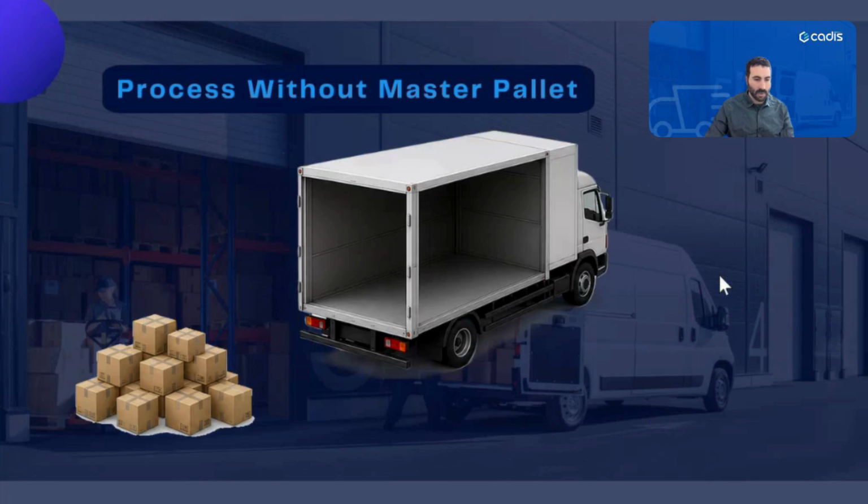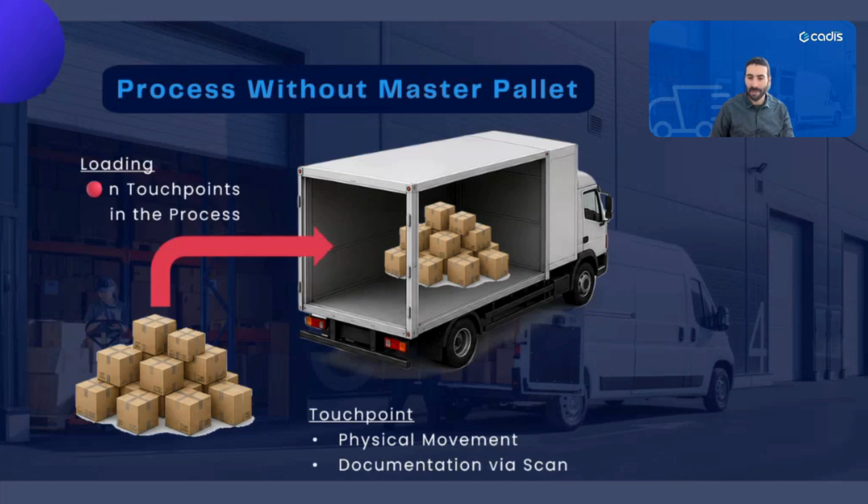Okay, so let's first talk about the classic process of loading and unloading without the master pallet. What happens? This is something you surely know. If you have a bulk of packages you need to load, at loading you will have what we could call n touch points in the process. What do we mean by touch points? It's the physical movement and the documentation via scan of the packages.